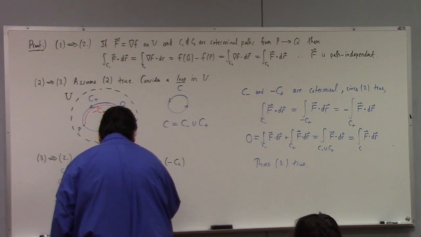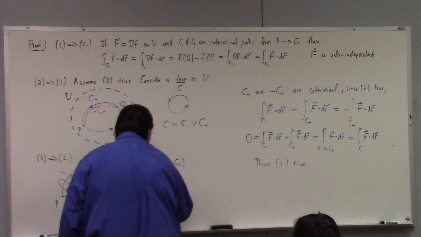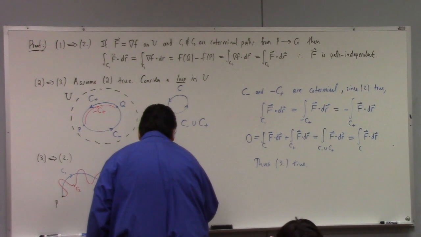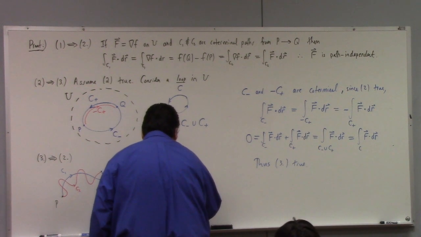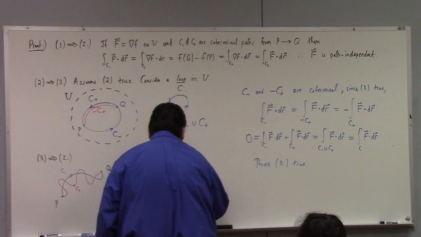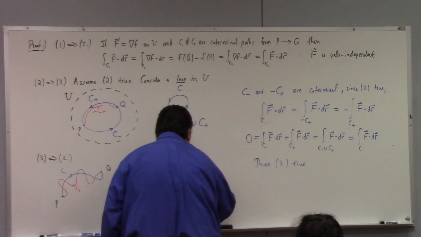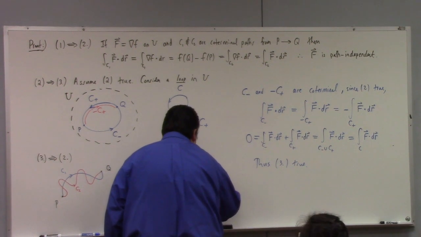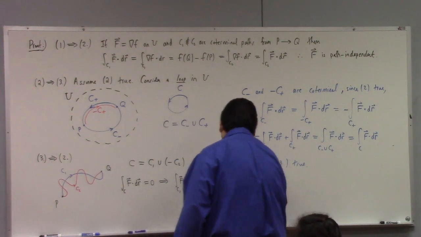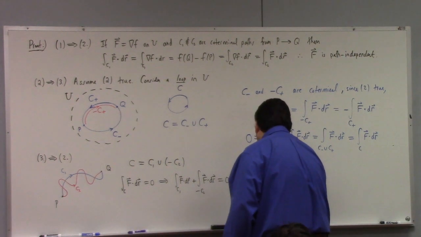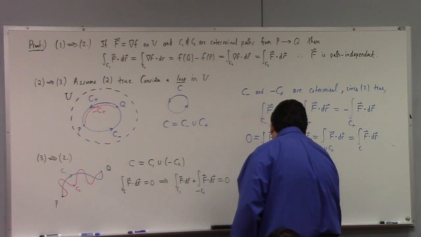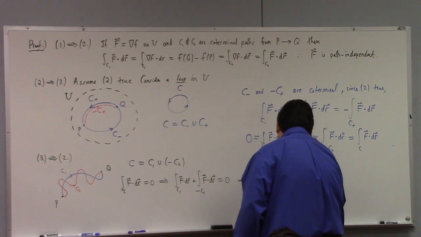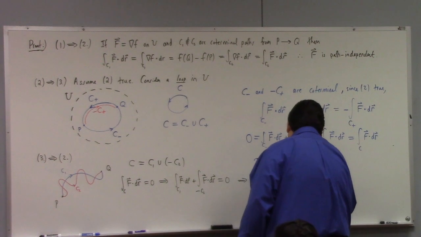The integral of f dot dr along C equals 0 implies the integral along C1 of f dot dr plus the integral along minus C2 of f dot dr is equal to 0, which then implies that the integral along C1 of f dot dr is equal to the integral along C2 of f dot dr. There you go.